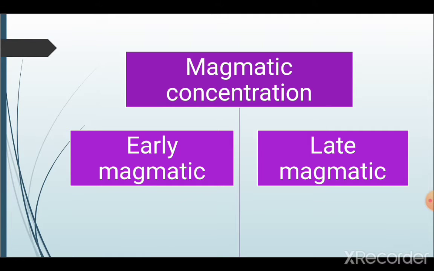The magmatic deposits are subdivided into two types. The first one is early magmatic deposits, and the second one is late magmatic deposits. These are divided based on their origin and temperature and pressure conditions.